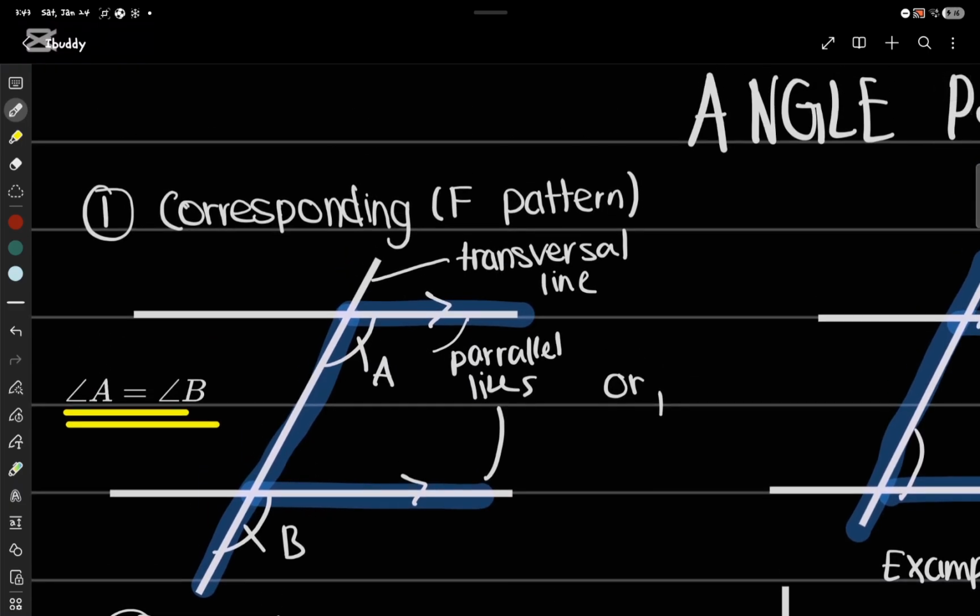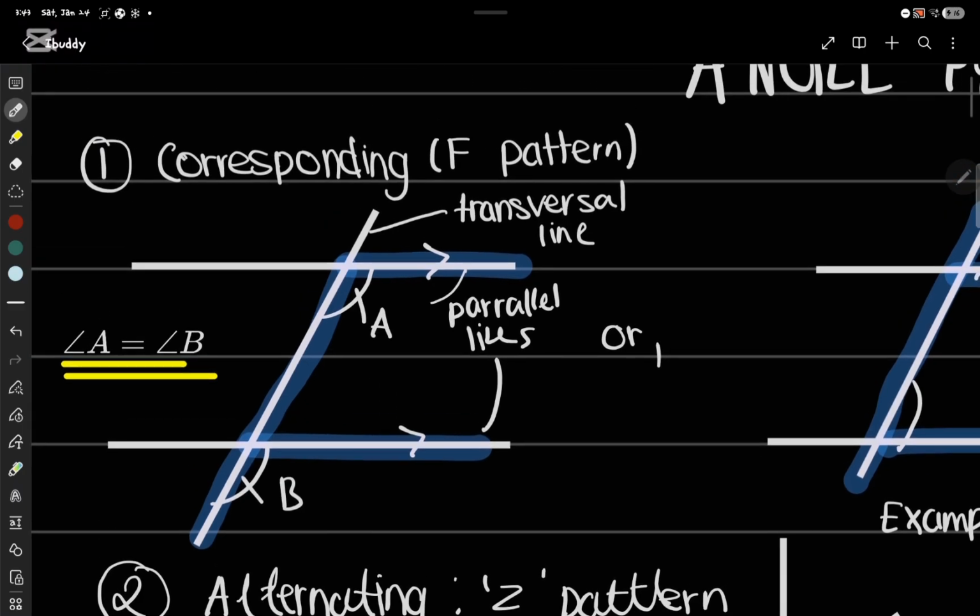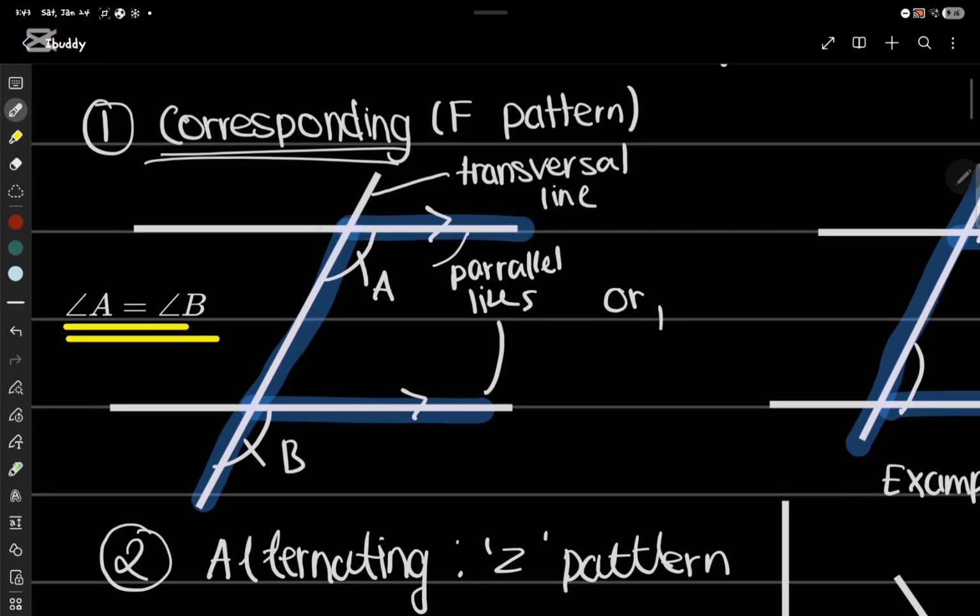The first rule of angle properties is that when you have two parallel lines and a transversal line, angle A and B here will be the same. They will be congruent, and they're called corresponding angles. So angle A will be right under the parallel line, and angle B will also be under the parallel line, but it's under the second parallel line.